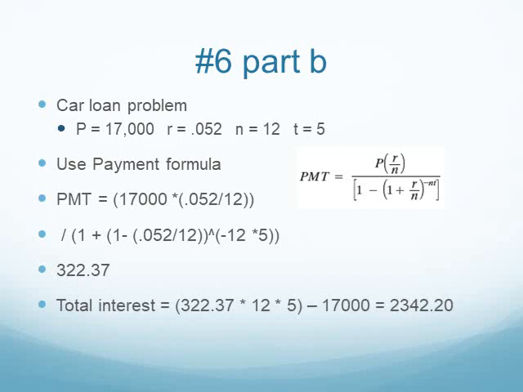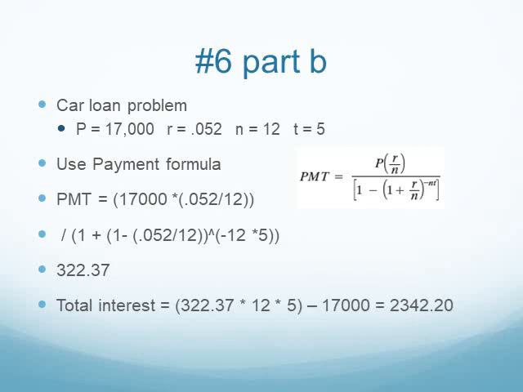Okay? Again, rounding to 2 decimal places or the nearest cent gives me a monthly payment of $322.37. Okay, so that should be technically the third blank on this problem.